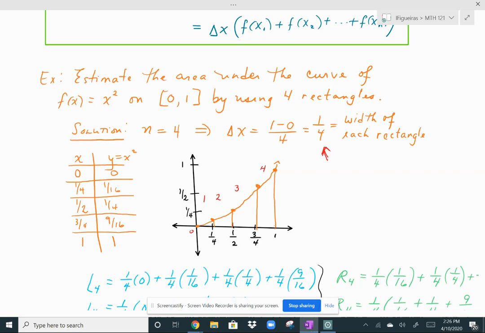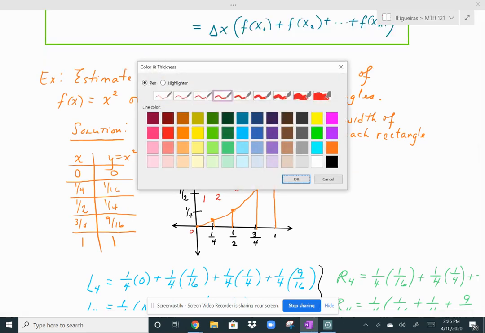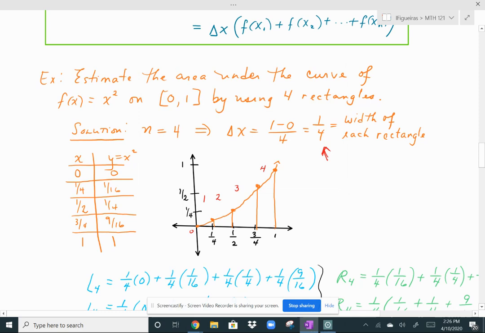If I start from the left-hand endpoint, I'm just going to change my color here for a second. If I look at the left-hand endpoint of my first rectangle, it is at the origin. And if that determines the height, well, there isn't a rectangle at all here.